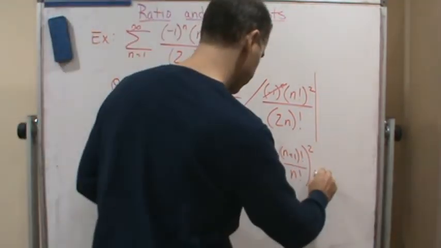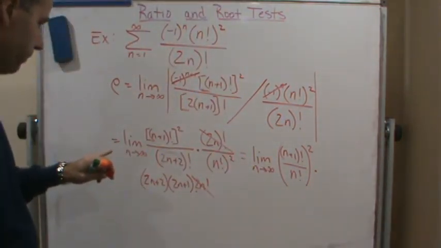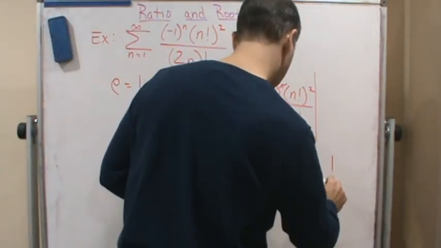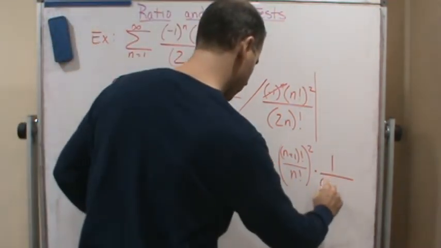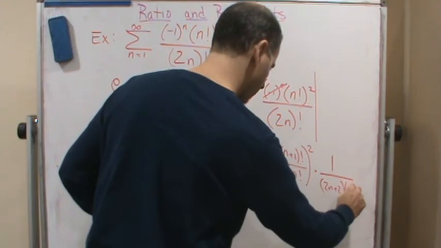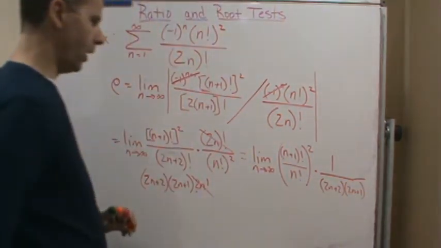Times 1 over (2n+2) times (2n+1), right?